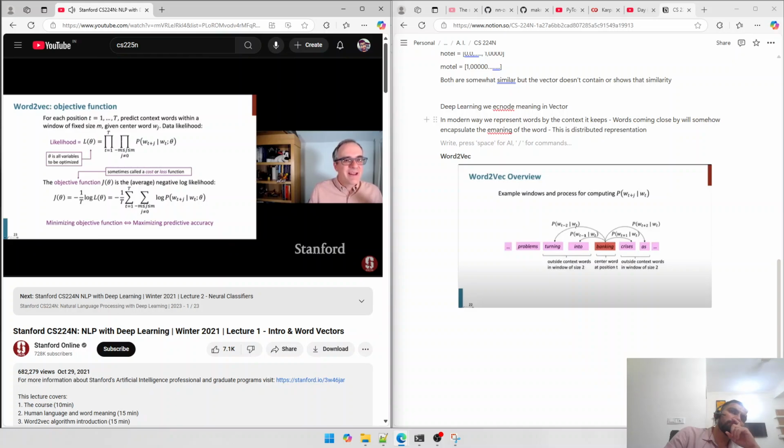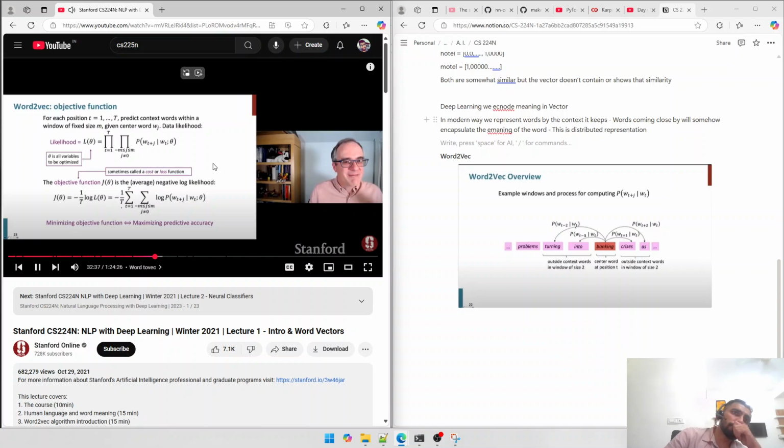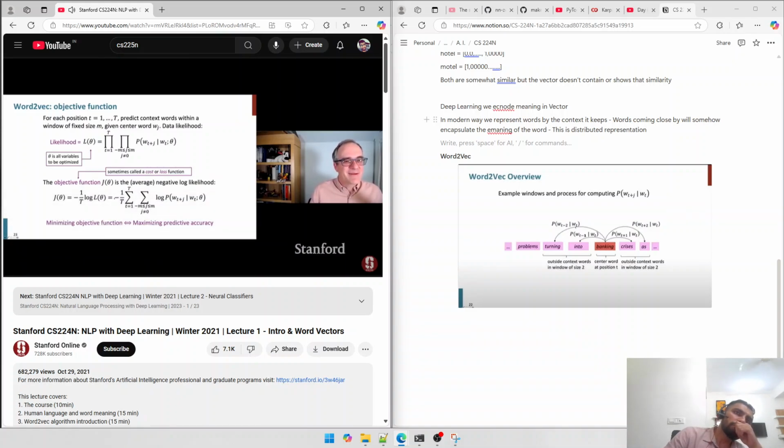Because rather than dealing with products, it's easier to deal with sums. And so we work with log likelihood. And once we take log likelihood, all of our products turn into sums. We also work with the average log likelihood. So we've got a 1 on T term here for the number of words in the corpus. And finally, for no particular reason, we like to minimize our objective function rather than maximizing it. So we stick a minus sign in there. And so then by minimizing this objective function, J of theta, that counts as maximizing our predictive accuracy.